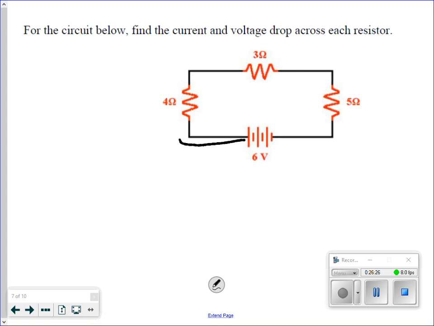When a charge goes around, it's going to go across this one, then it has to go across this one, then it has to go across this one, and then it has to go back to the battery. All right, there's only one way for everything to go here. It is not, you know, oh, willy-nilly, let's go wandering off in a different path. You have to go in a certain direction here for a series circuit.